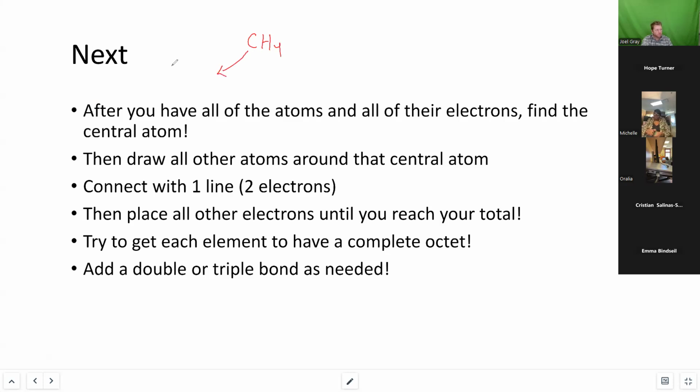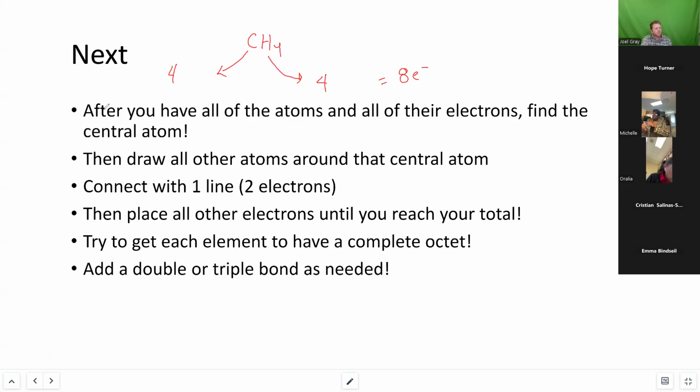Carbon brings in 4 valence electrons. A single hydrogen brings in 1 valence electron. You guys already went through that. Now, there are 4 hydrogens, so we've got 4 times 1, or 4 valence electrons. So 4 plus 4 is 8 electrons. So we've got 8 electrons to draw.